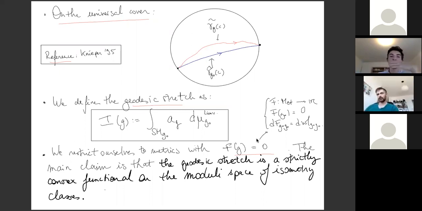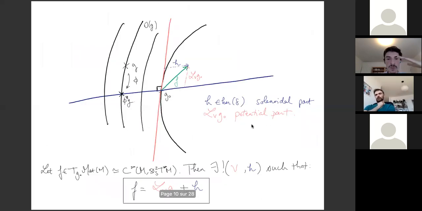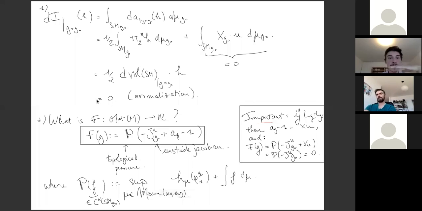I did this for the sake of simplicity. If I really want a nice strictly convex functional, I have to restrict myself to a hypersurface. And so it comes into play at two steps. First of all, here, and this is where it's defined.